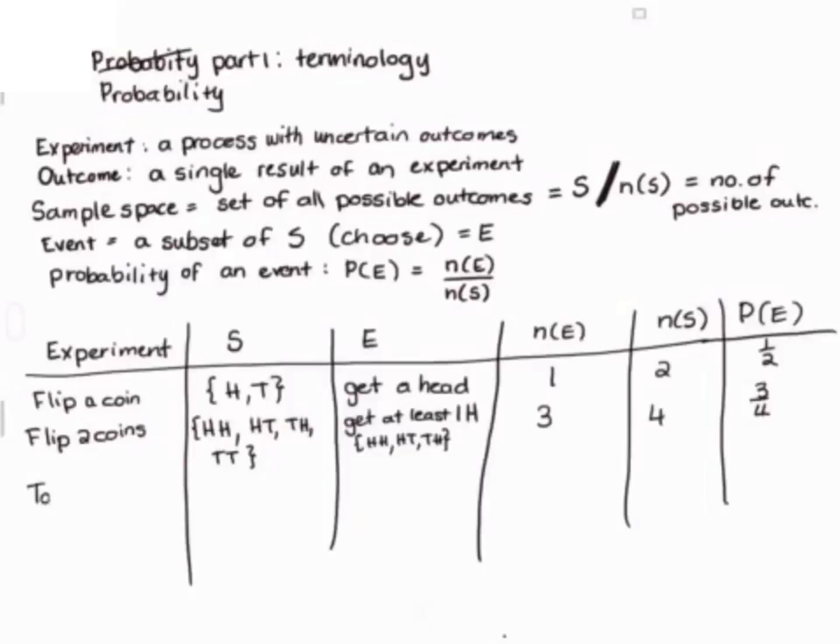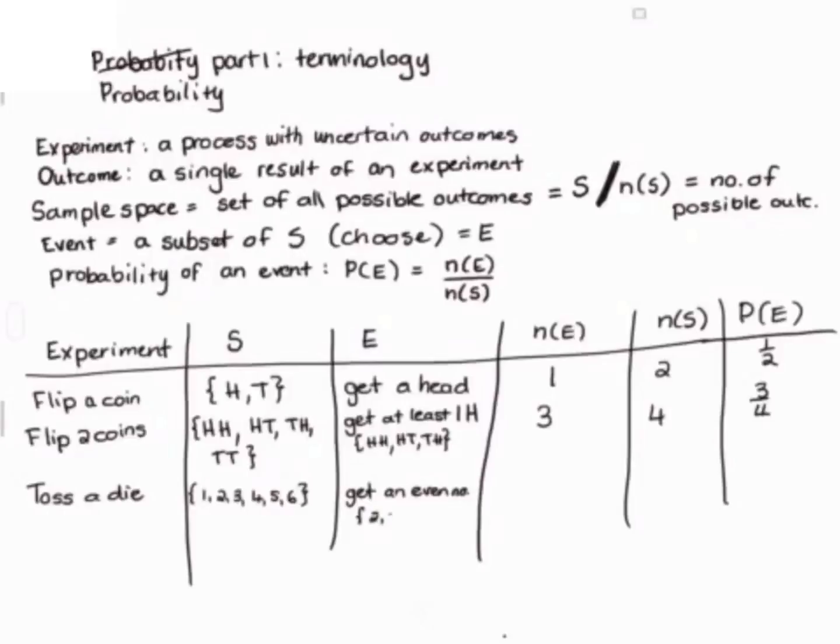Let's toss a die. Now, I know we generally say a dice, but dice is actually the plural, so a die is the singular. What could I get? I could get 1, 2, 3, 4, 5, or a 6. I'm going to say my event is get an even number.